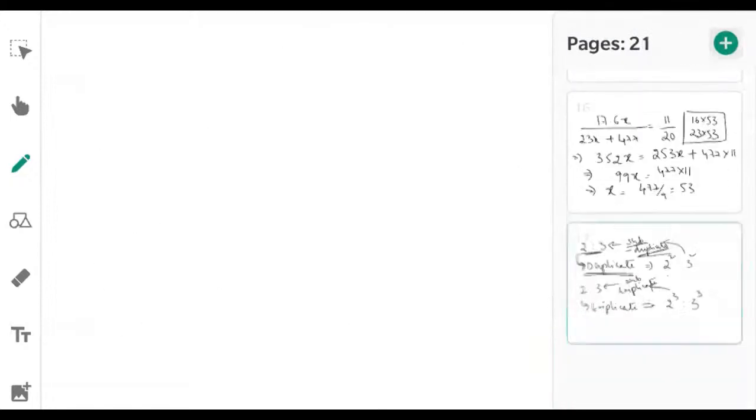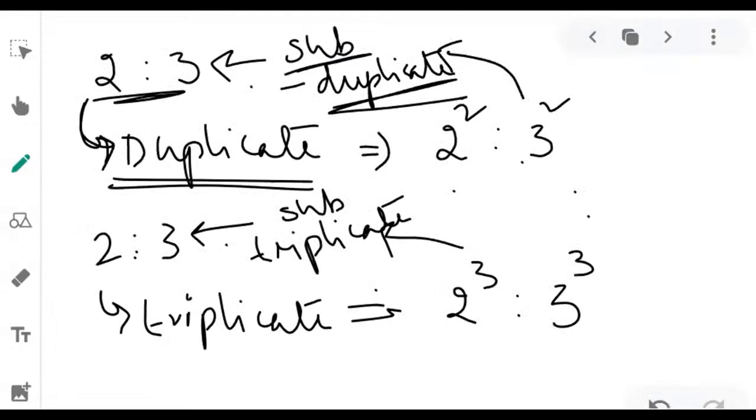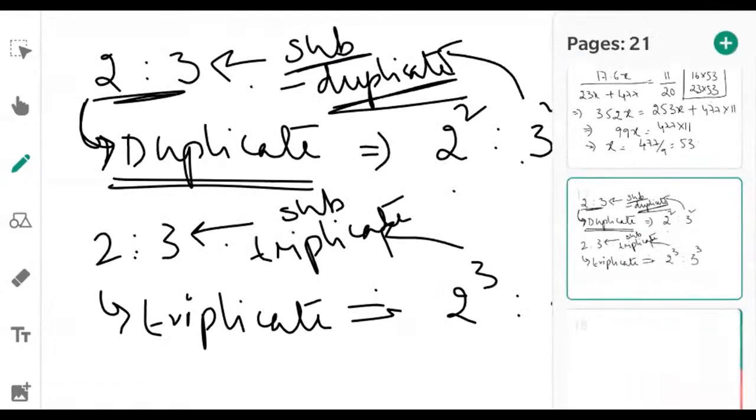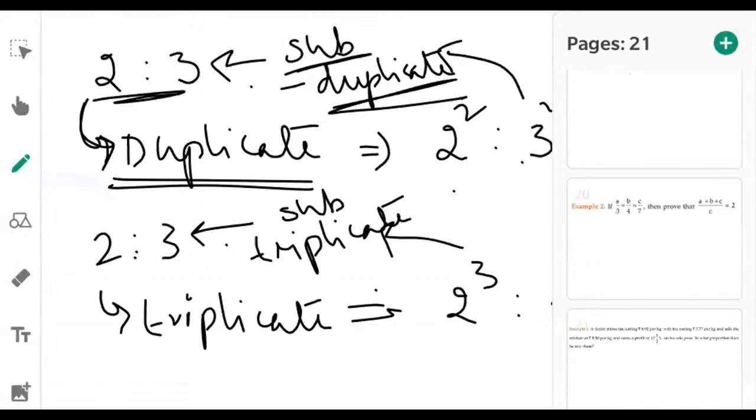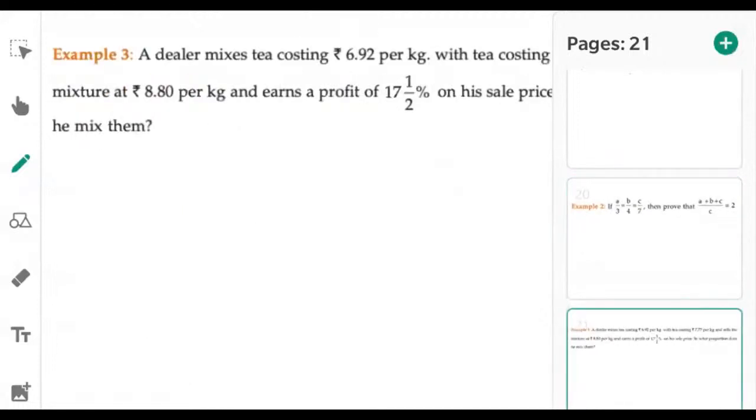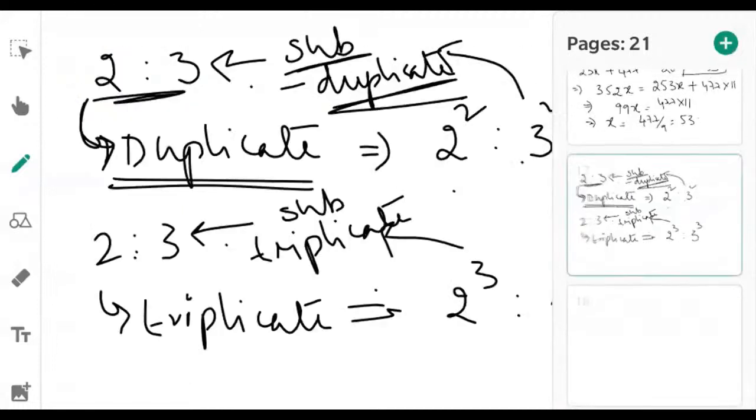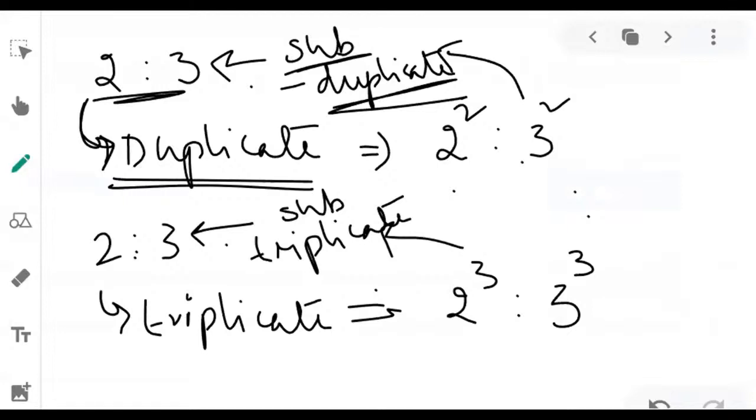Also, you have a few more laws when it comes to ratios. Or I think we are done with ratios. We'll be moving on to proportions.